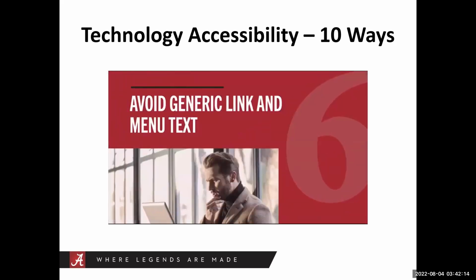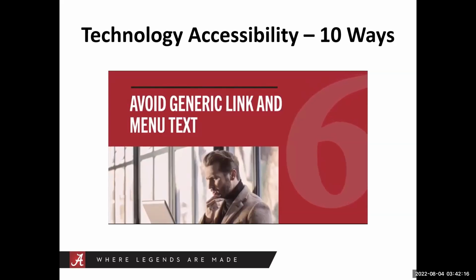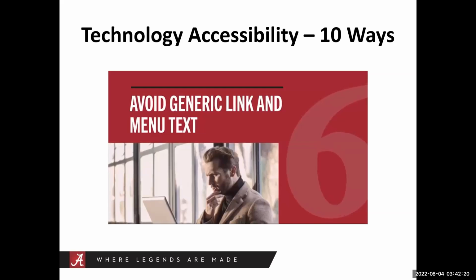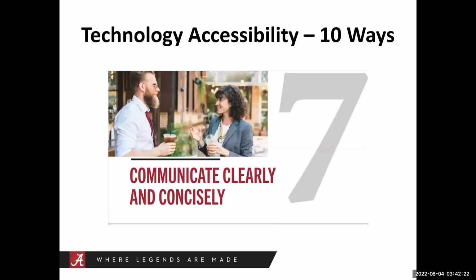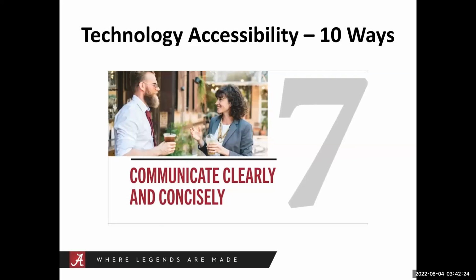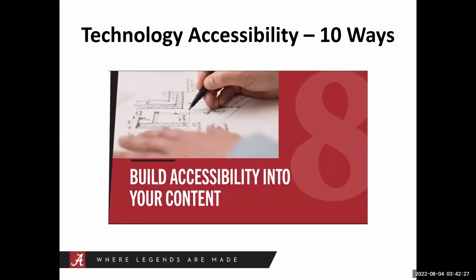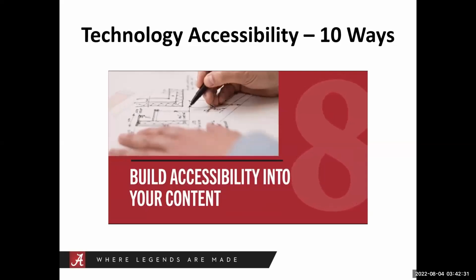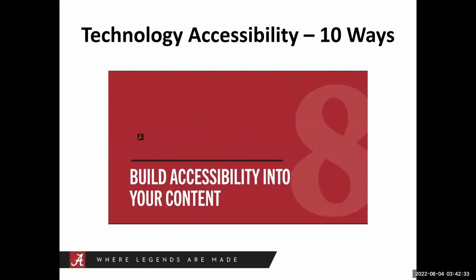Number 6, avoid "click here," "read more," or other generic link or menu text. Number 7, communicate clearly and concisely. Number 8, build accessibility into your work practices for any content you create or share.